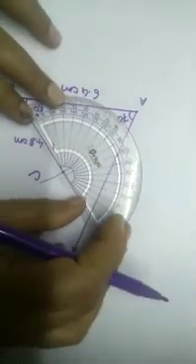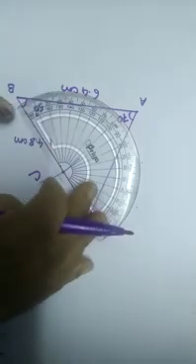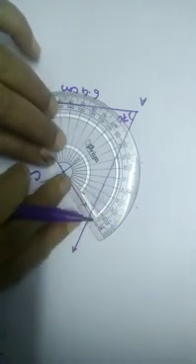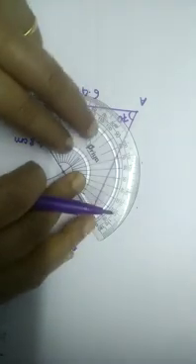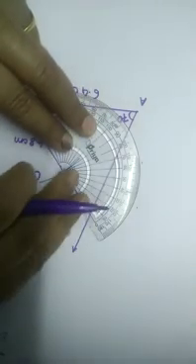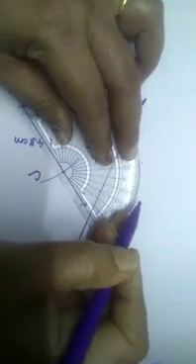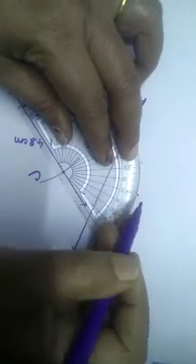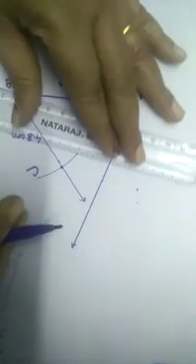So in this way we will put a protractor on C, and from C we will start with 0, and the measure of angle C is what? 140 degree. So from 0 you will start up to here, and where will 140 come? This sign upward here. Put a dot, and now we will join this dot from C.